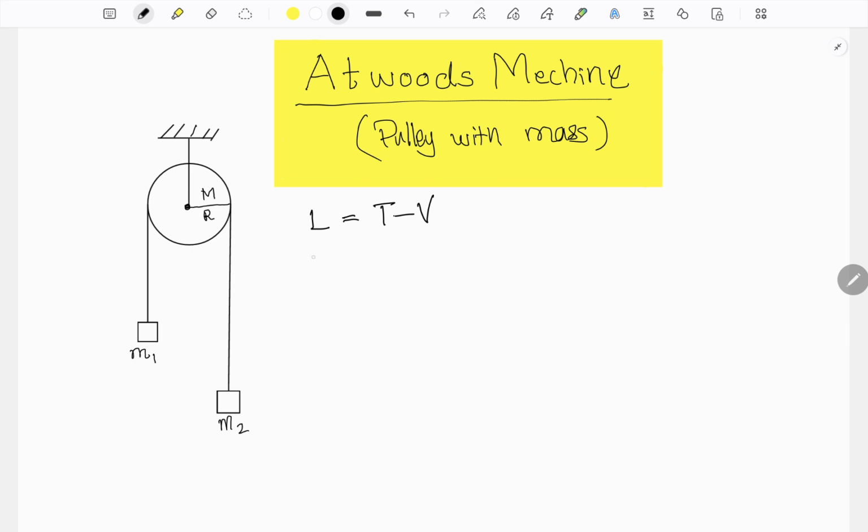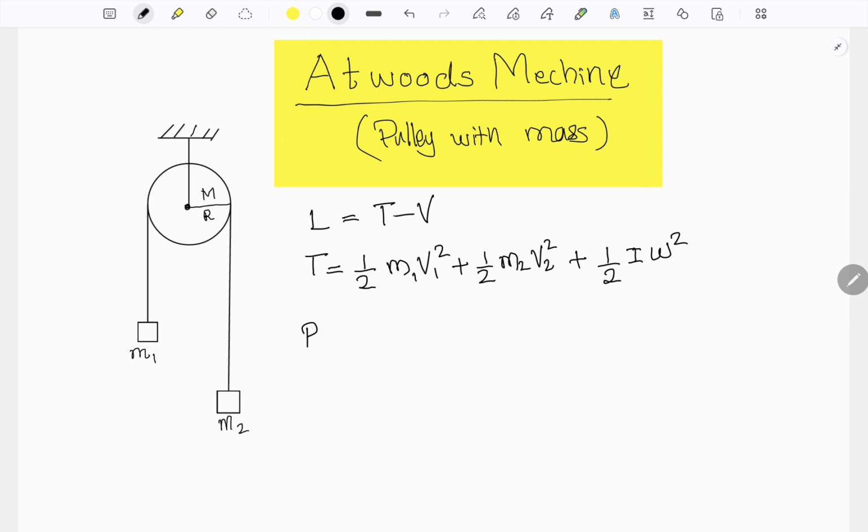First, let us write the kinetic energy. So T will be equal to, there are three objects. First block's kinetic energy, half m1 v1 square, plus second block's kinetic energy, half m2 v2 square, plus the rotational kinetic energy of the pulley, that will be equal to half I omega square.